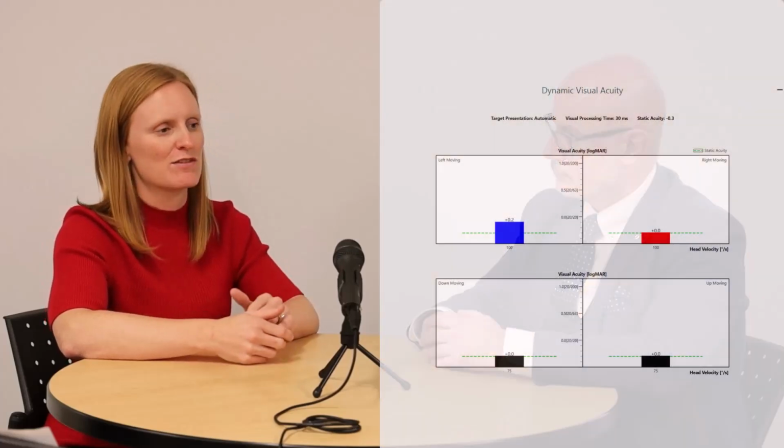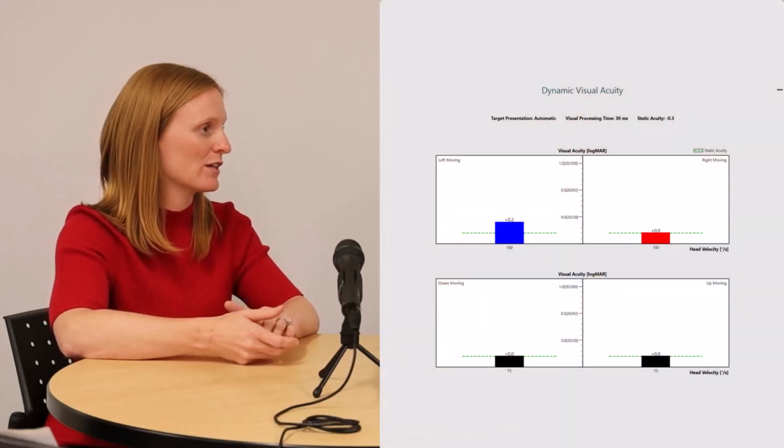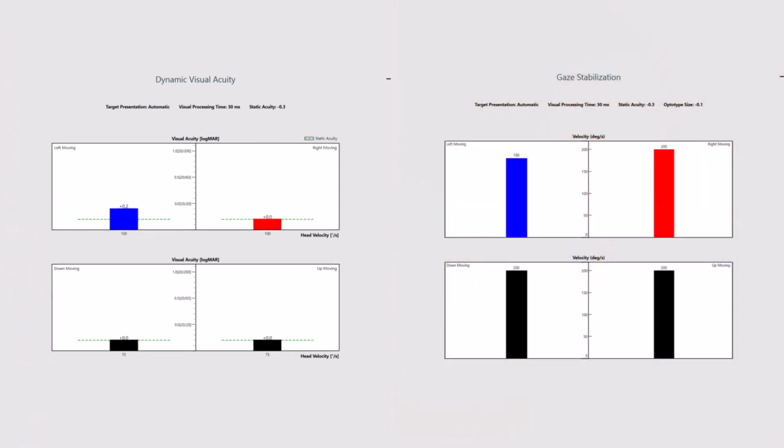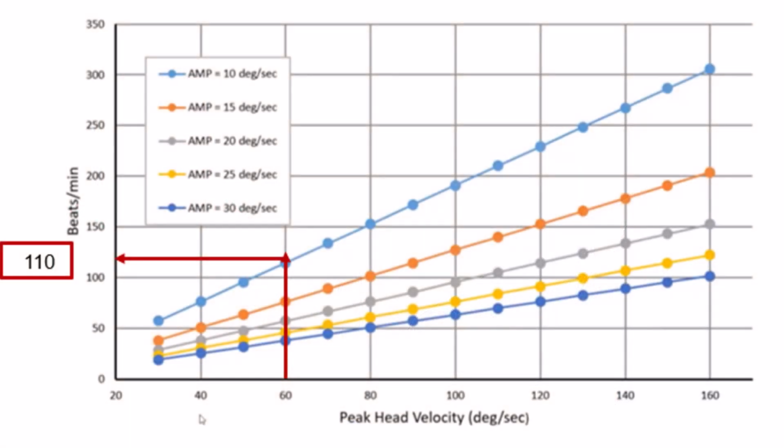So first, I'll look at the DVA and GST. This gives me good information on how they're moving their head left, right, up and down, in those daily functional head movements. And from the GST, I'll look at the peak head velocity. That's the number that lets me know where I should start their VOR ×1 training.